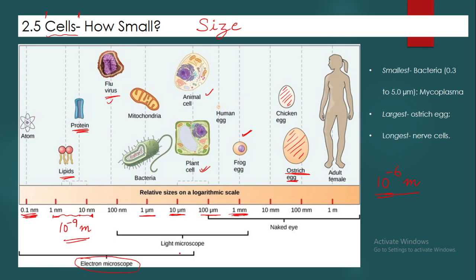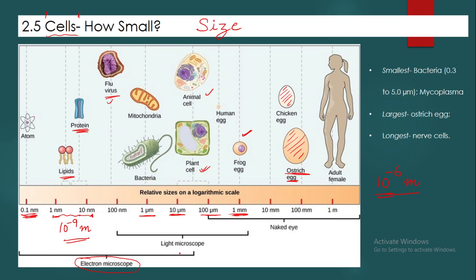With a light microscope, like a compound microscope, we can see up to bacteria, but we can't see viruses and so on. And anything a little bit less than 1 millimeter, we are able to see with our naked eye itself.